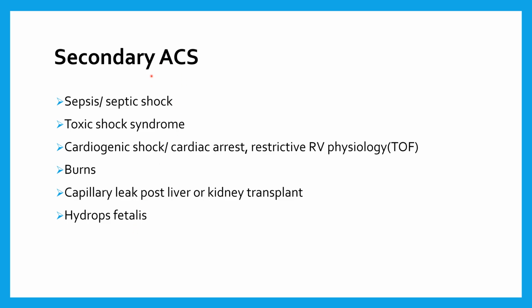Then the secondary, as we said before, is due to systemic problems like shock: septic shock, toxic shock syndrome, cardiogenic shock. All these factors cause capillary leaks, affecting the abdominal wall and also increasing the abdominal contents. Burns also cause capillary leak, as do liver or kidney transplant and hydrops fetalis.